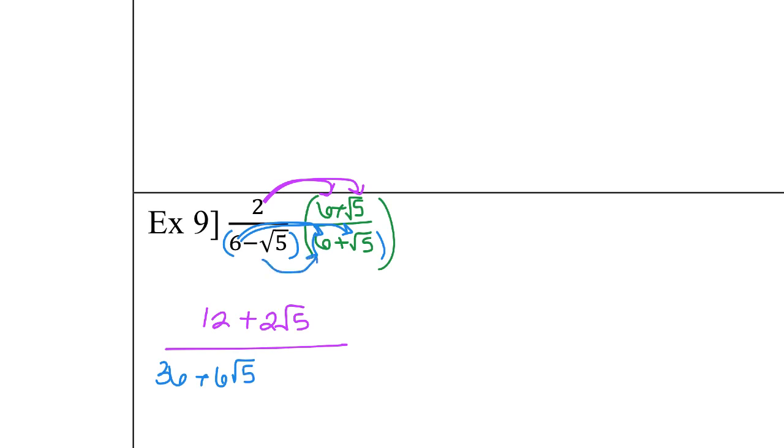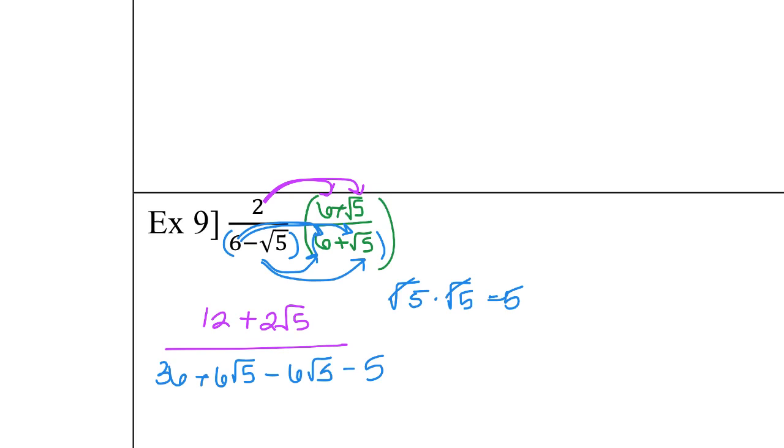Negative square root of 5 times a positive 6 makes a negative 6 square root of 5. Then square root of 5 times square root of 5: first of all, negative times a positive makes a negative, and square root of 5 times square root of 5 is just equal to 5.